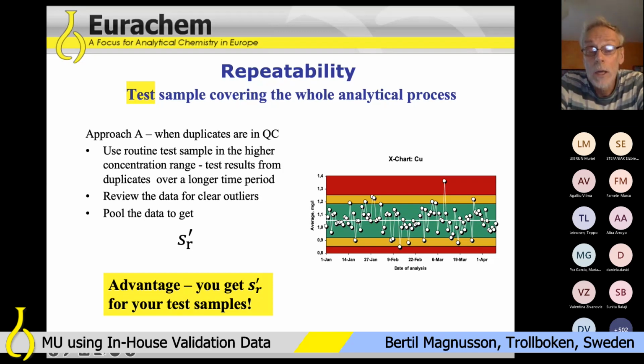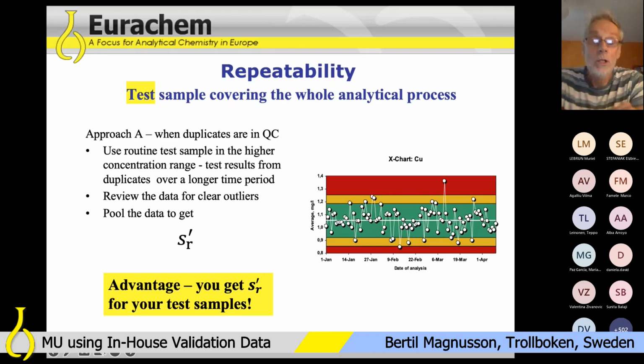Then I will actually incorporate in my precision estimate also the inhomogeneity of the samples. So for me, duplicates over a long time period is one really gold mine for the experimental data. So we can use experimental data, but we really have to use it properly.